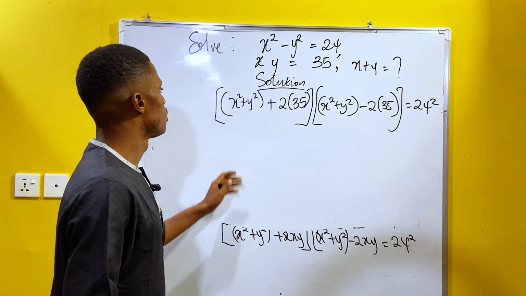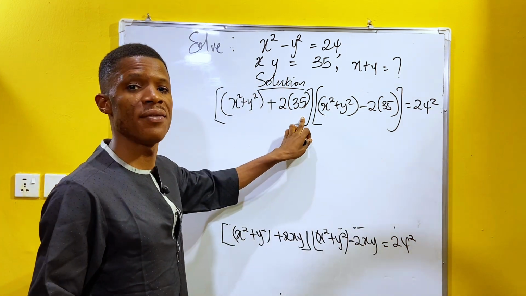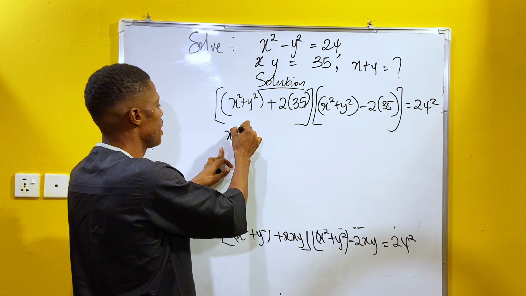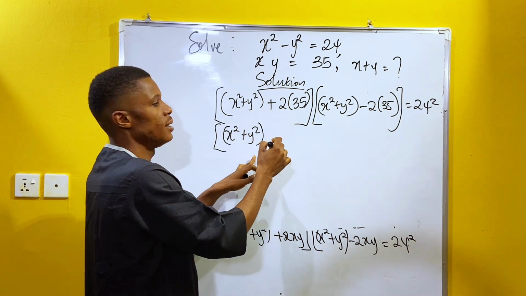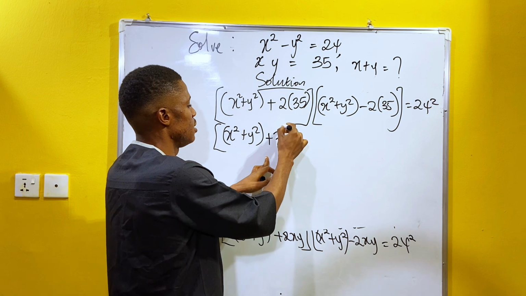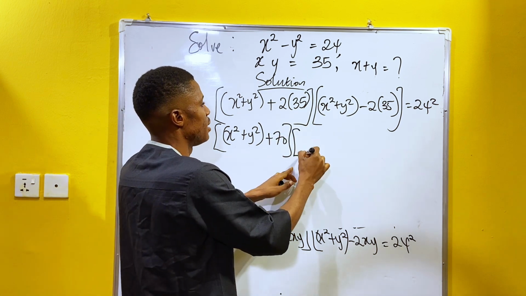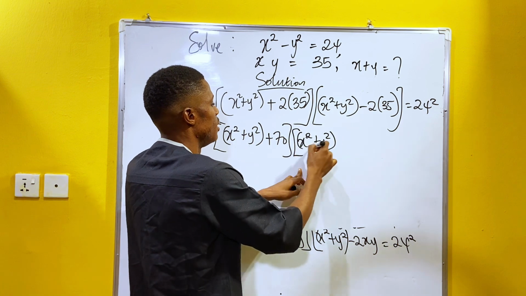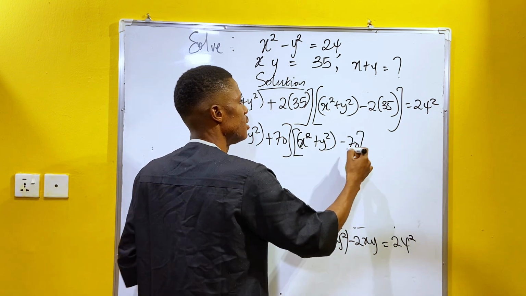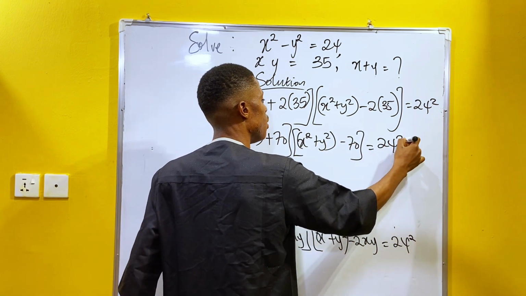At this point, 2 times 35 is 70. We have x squared plus y squared plus 70, then another one, x squared plus y squared minus 70, is equal to 24 squared.